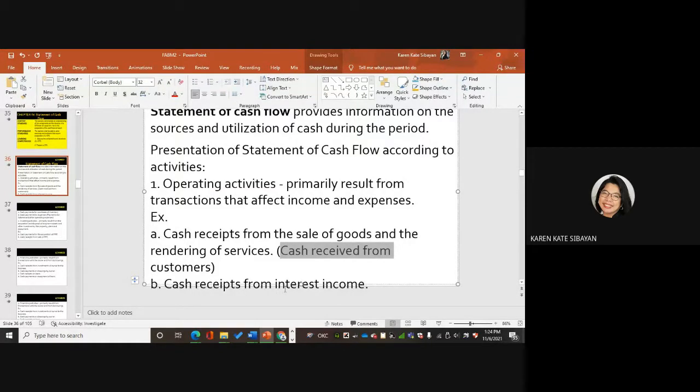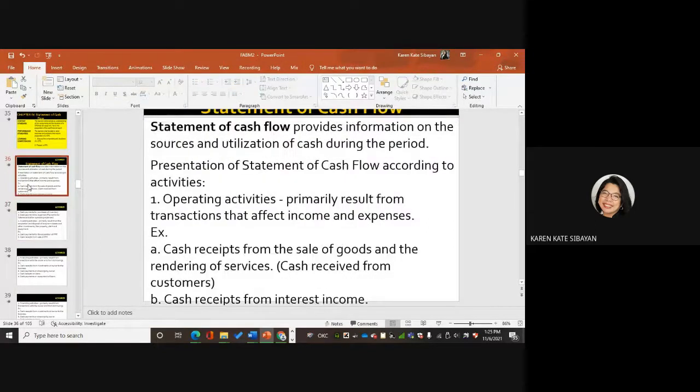Pwede kasing, saan galing yung interest na yon? Is it from interest coming from the bank? Interest dahil late payment si customer? So it depends. Okay? Next.